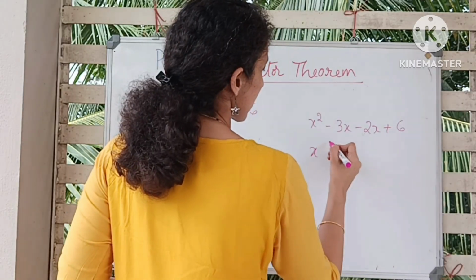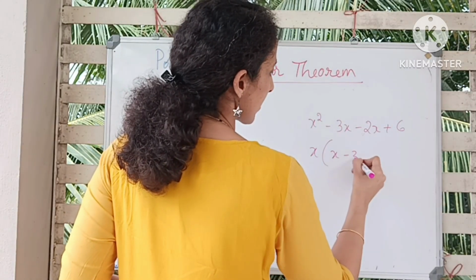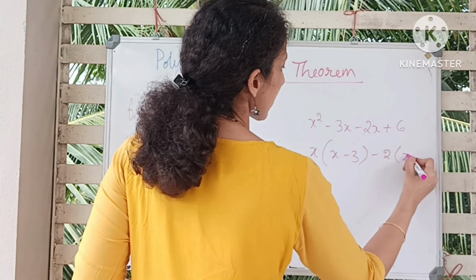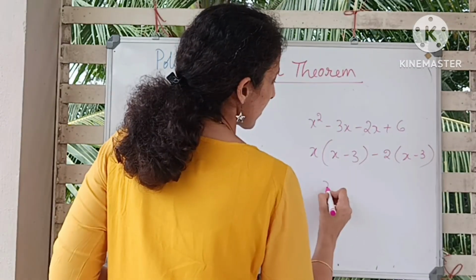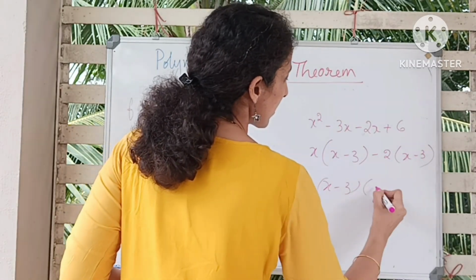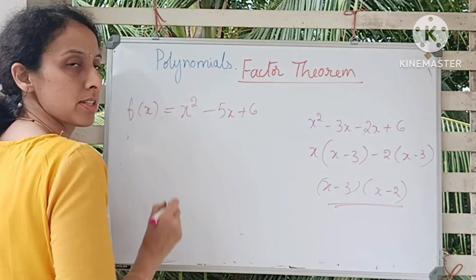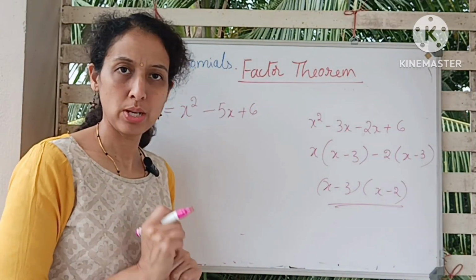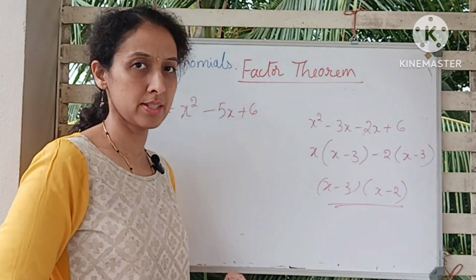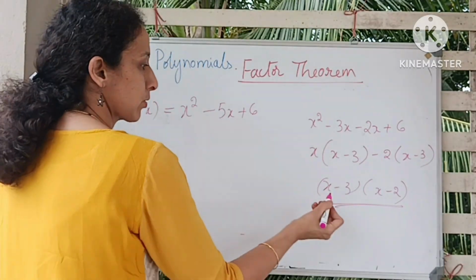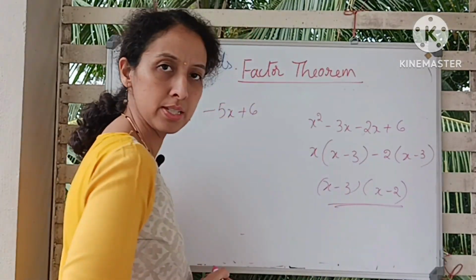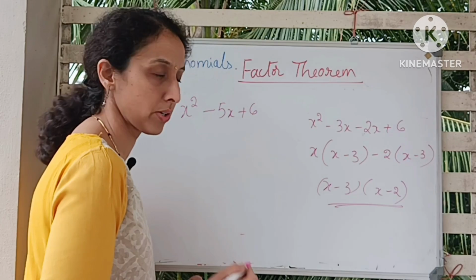This is equal to x minus 3 into x minus 2, x minus 3 into x minus 2 is the factorization of this f of x. Now let's try to apply this factor theorem to this and see if it works. So here we have x minus 3 as one factor and x minus 2 as one factor.